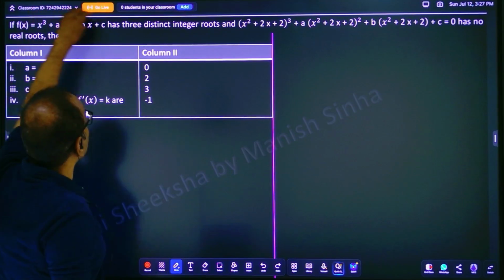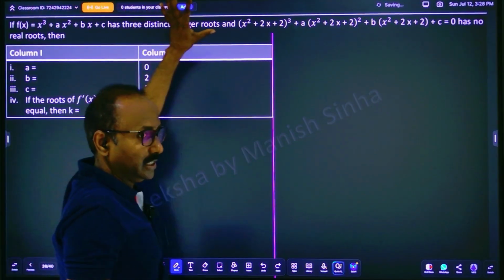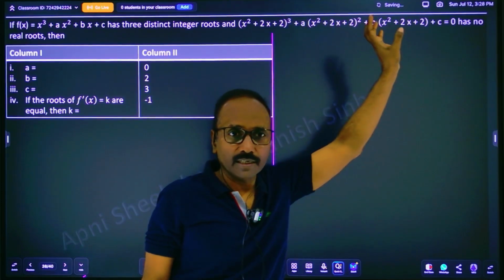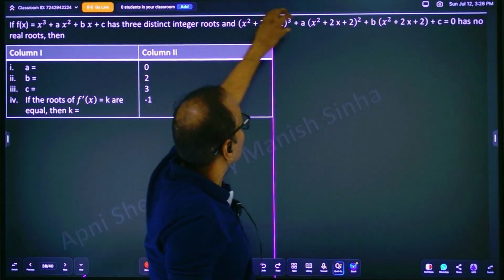This is having three distinct integral roots, but this one does not have.